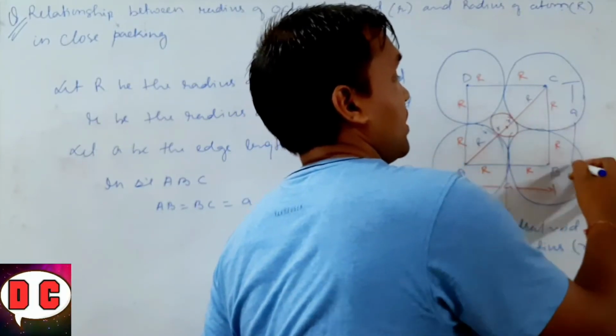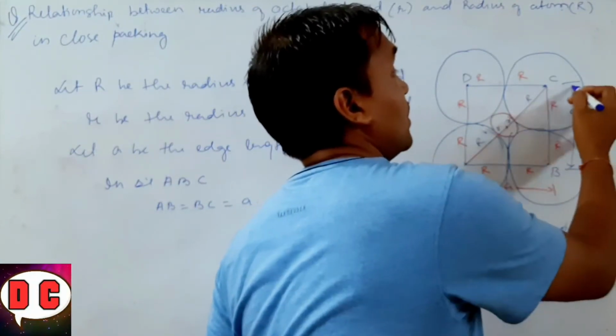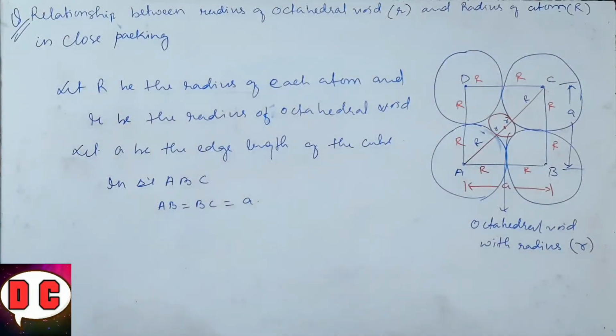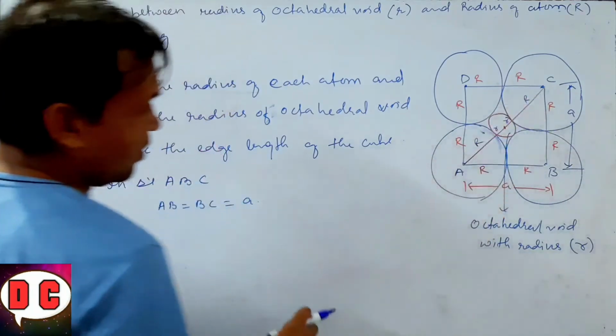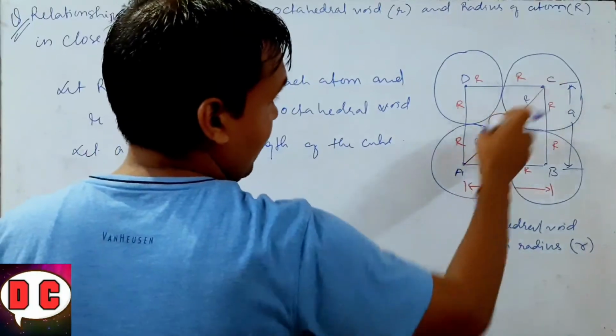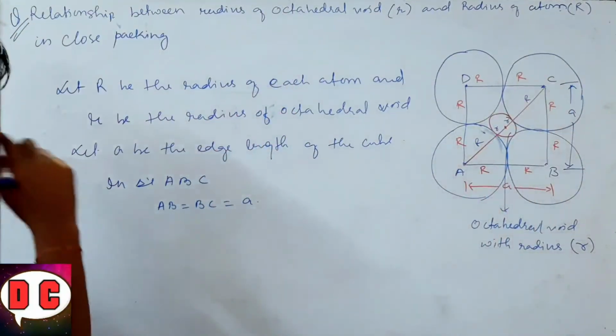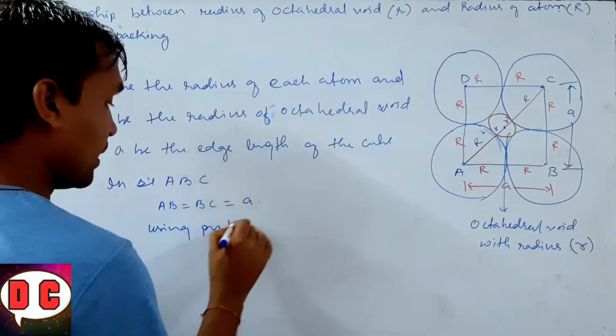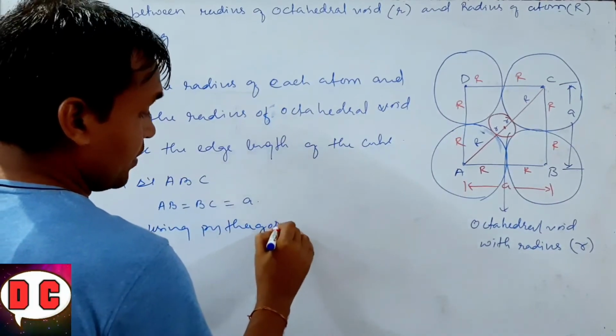So AB equals BC equals a. We have written that. Now what are we going to find out? The diagonal AC. This is a right angle triangle ABC, or not? So you will write here, using Pythagoras theorem.